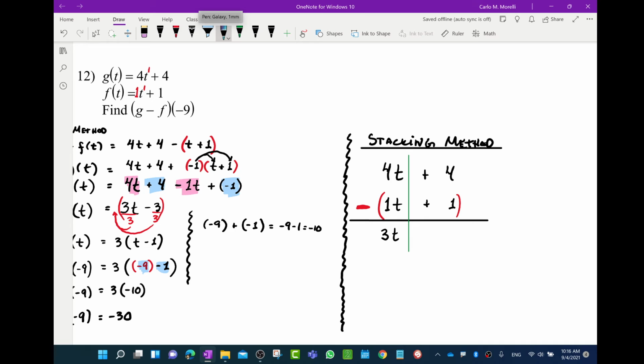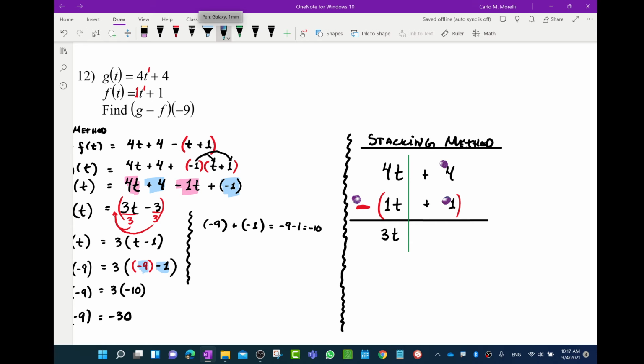And again, this dot is your finger. 4 minus 1. Right? So your finger is moving to the minus symbol, and that's essentially performing the distributive property. You're just saying it in your head. 4 minus 1 is 3.